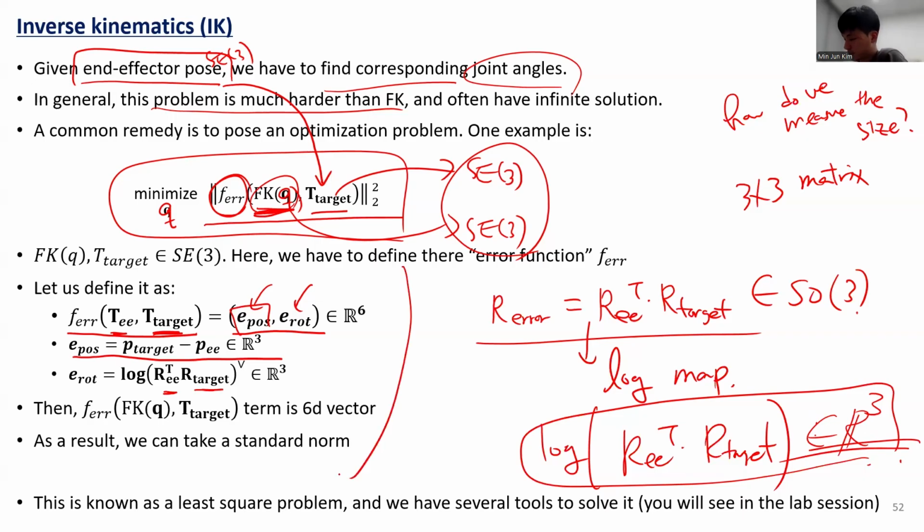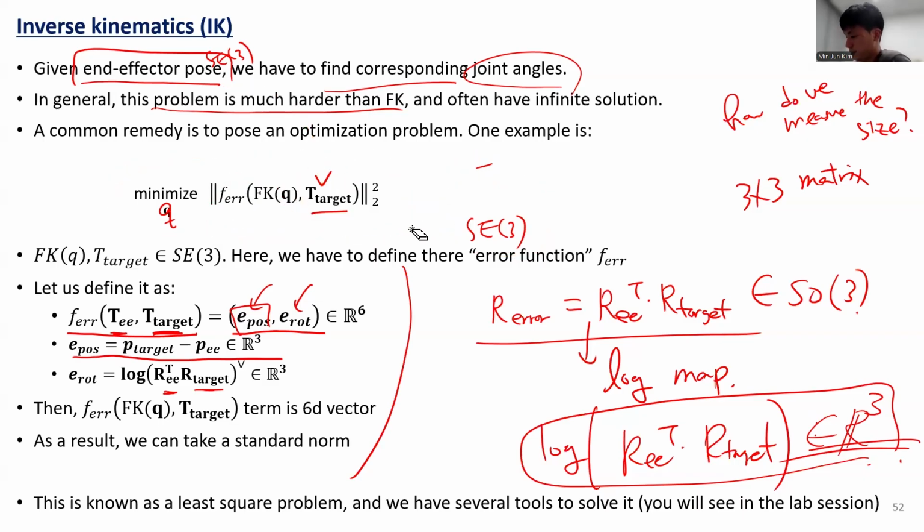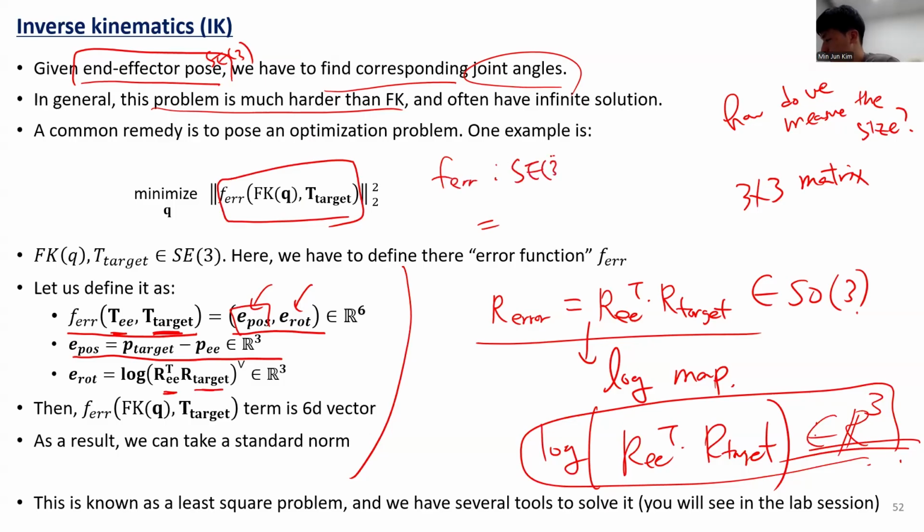All right, so it's written here. And then coming back to this optimization problem, this error function takes two SE3 components and gives you an R6 vector.